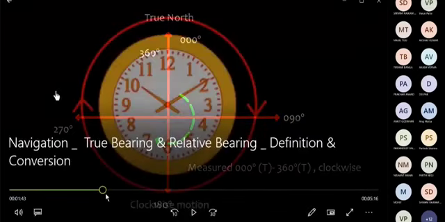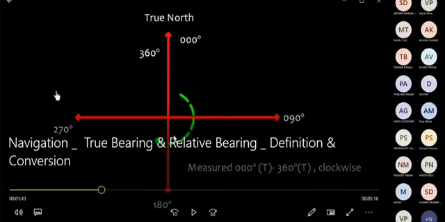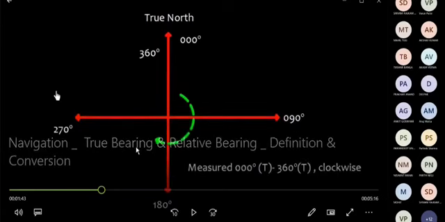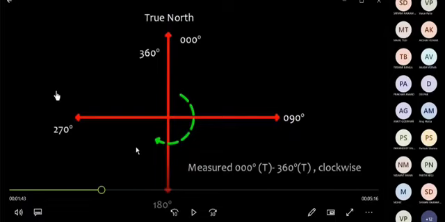So this is the concept of a true bearing. A true bearing is measured with reference to true north, in a clockwise direction, starting from 000 and going up to 360 where it becomes 000 again. This is the concept of true bearing in three-figure notation.